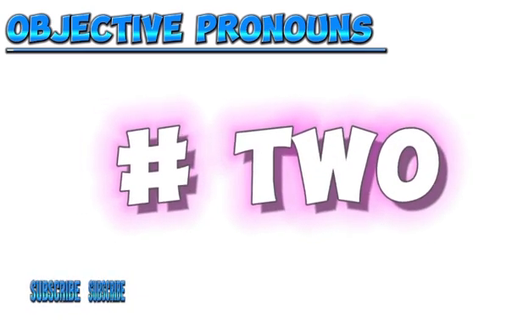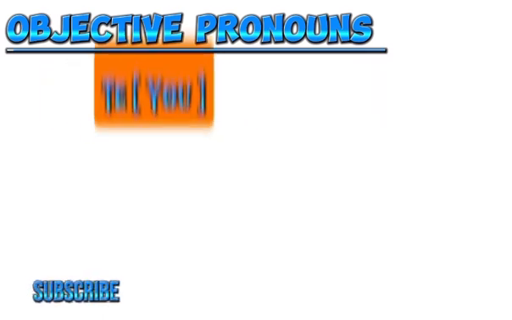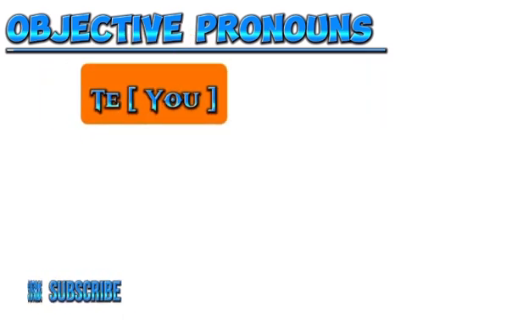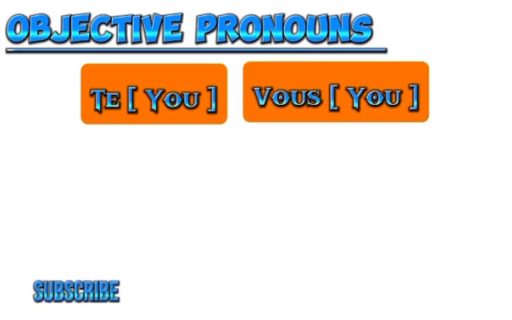Moving on, let's take a look at the second objective pronoun in French, and this is te, which means you. It takes the plural of vous, which also means you.